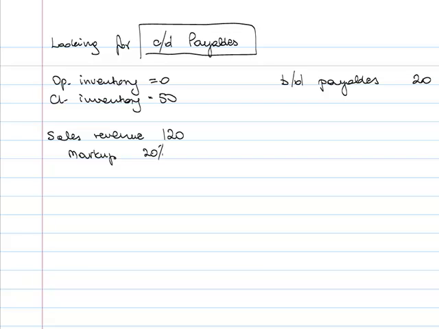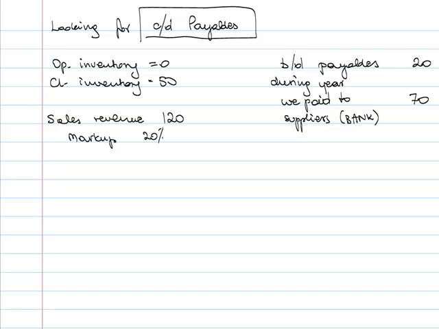We can check that with our financial statements from last year, and we know that during the year we paid 70 to our suppliers. That we can easily check with the bank. So these are the pieces of information, and we want to come up with the carried down balance on payables.